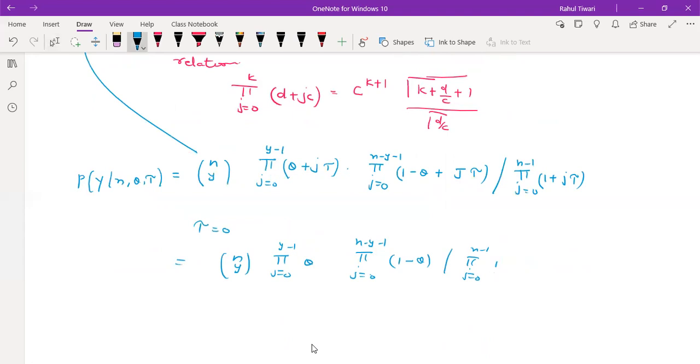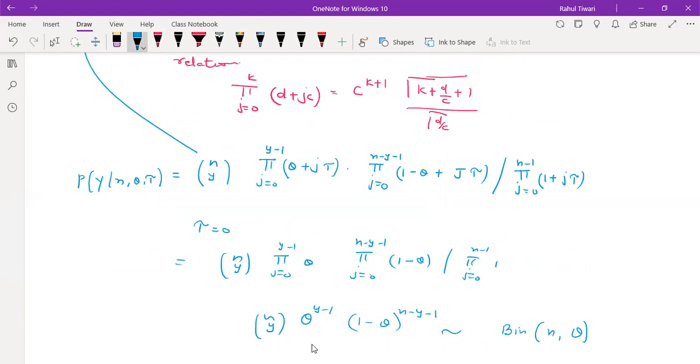So it is independent. So it is theta raised to y minus 1. This is 1 minus theta raised to n minus y minus 1. What about this term? One, right? So we got, can you tell me, this is your binomial distribution with n comma theta.